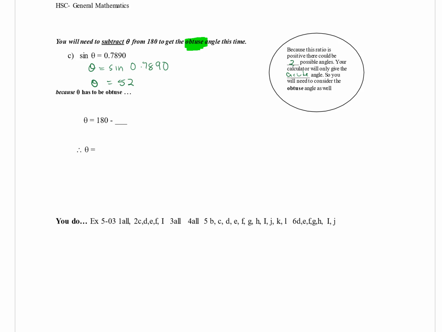I use the property we've established in this exercise that there's a connection between theta and 180 minus theta. So 180 minus 52 gives me 128. And we now have the obtuse angle.